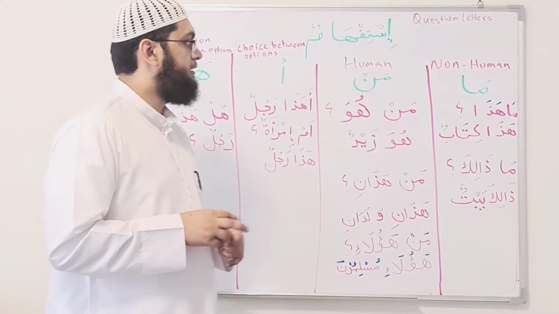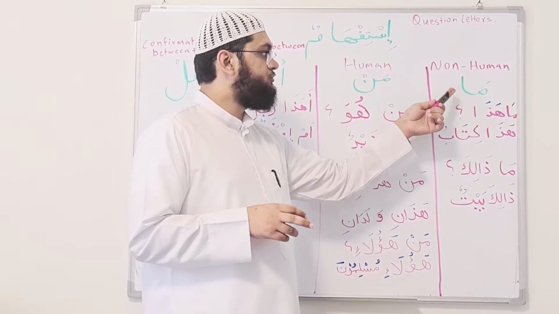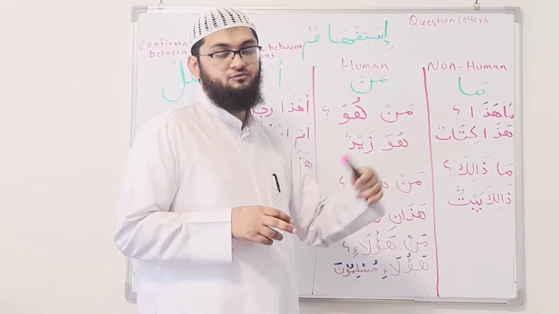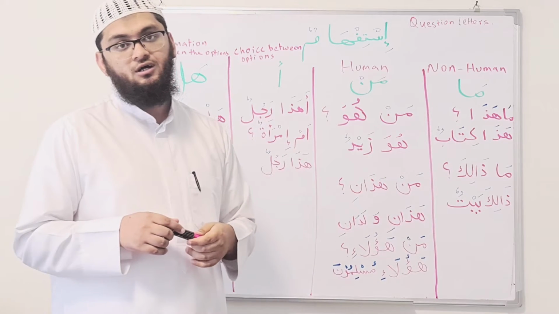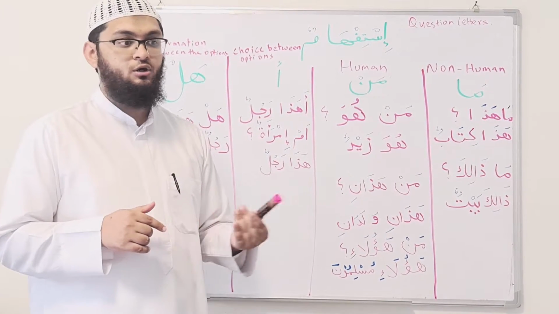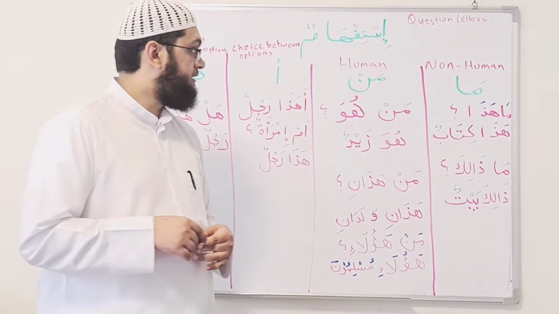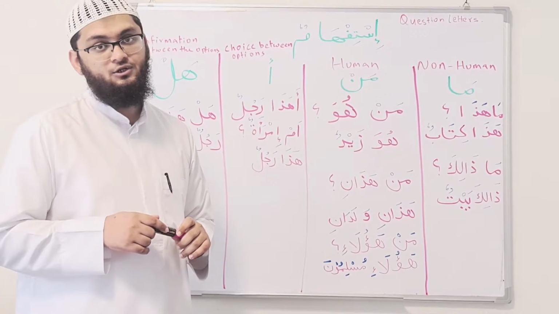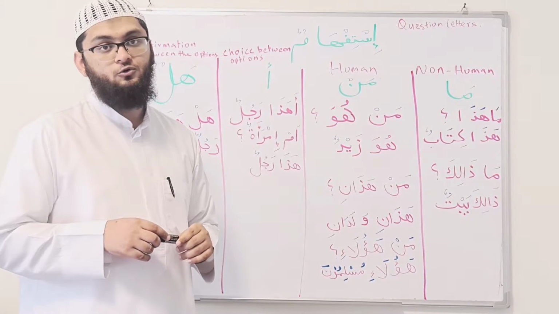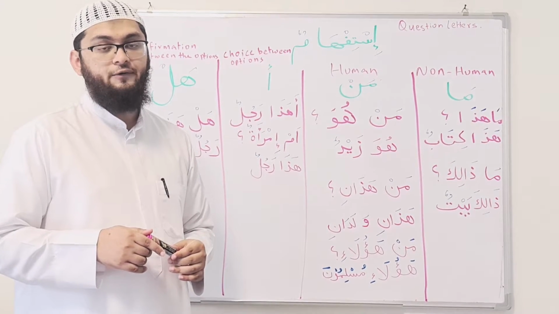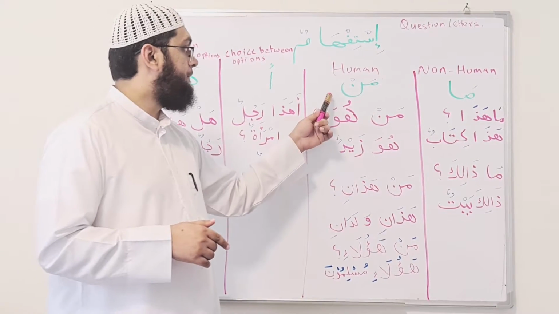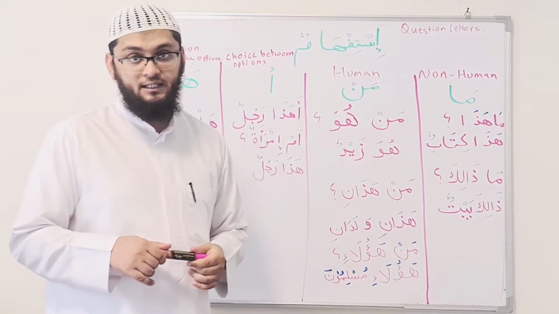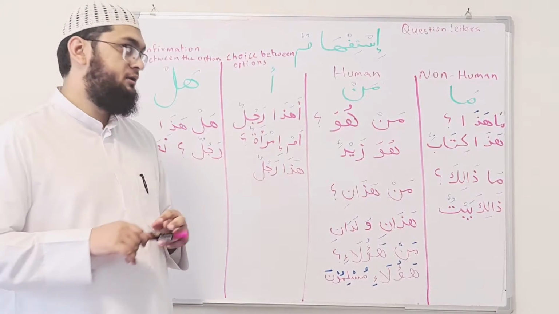Let's say, for example, ma is only used to ask or to know something about non-human things, for example, about trees and animals or any non-living things. But when you compare with man, man is only used for humans. Anything you want to know about a human, like who is he or who came, you will use man, not ma. If you use ma, it will be contradicting and the sentence will be wrong.